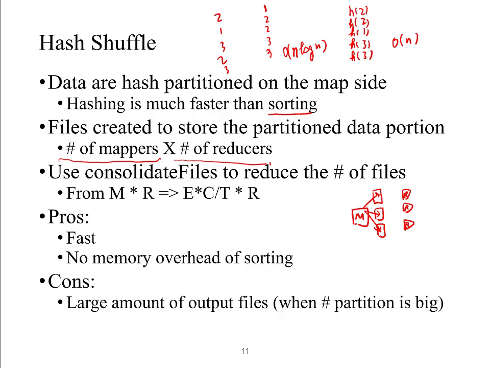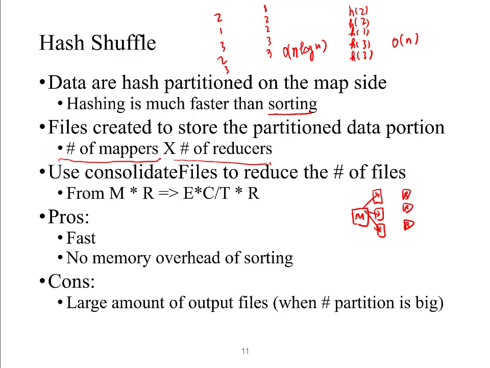So the problem is that the number of created files is too large, right? And the output buffer size is limited. And the speed of creating and dropping these files becomes the bottleneck of the hash shuffle. Right.